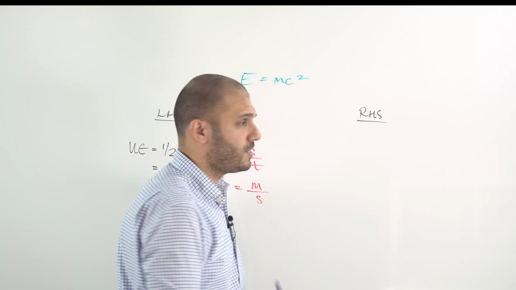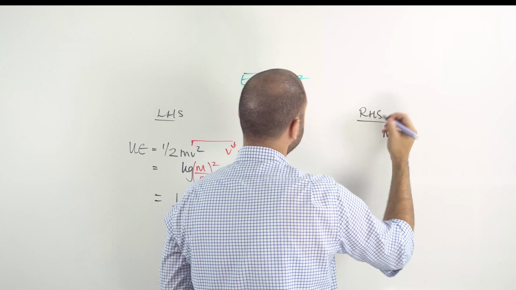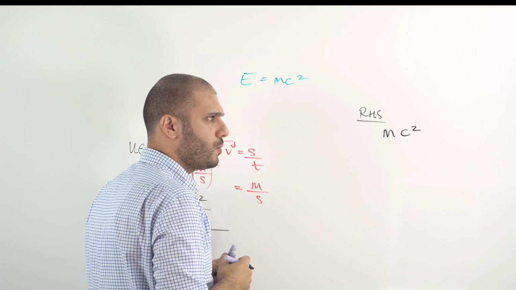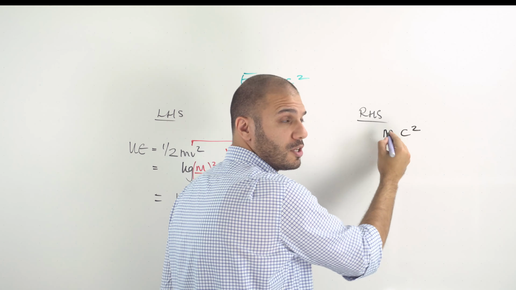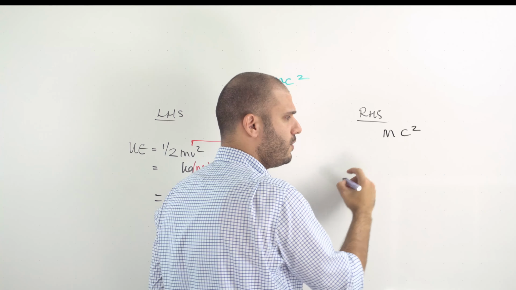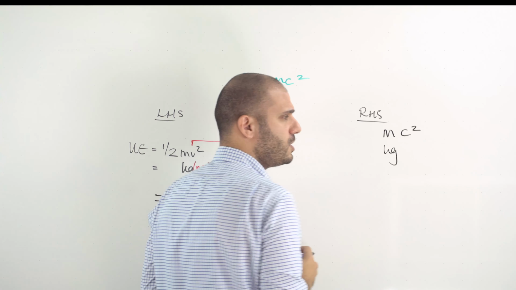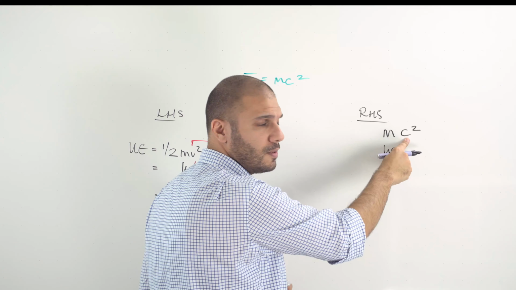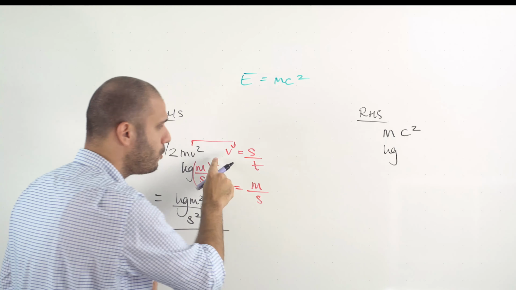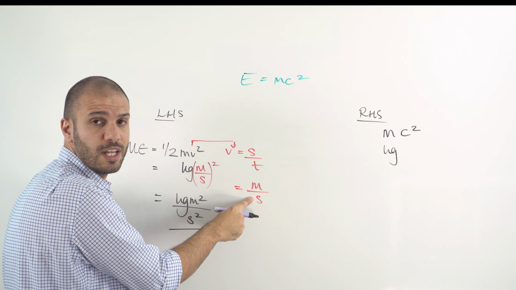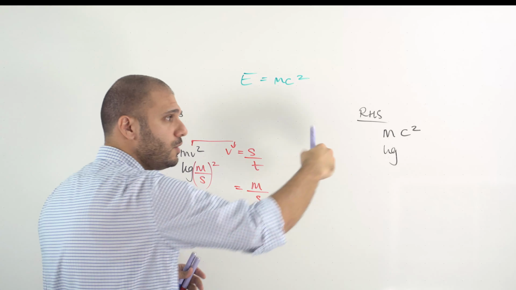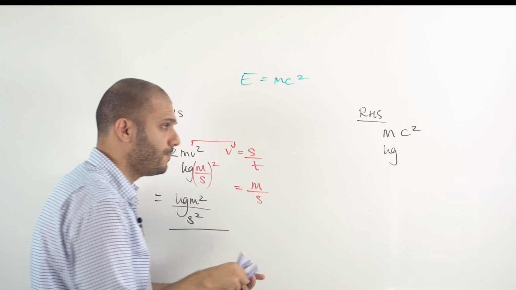Moving on to the right hand side, we've got mass and c squared, which is velocity squared. The units for mass, being a base quantity, we can just write down its base unit, which is kilograms. C, we said, is velocity. And we've already shown that we know how to break down velocity into its base units, so we can simply copy those down there. We don't need to show our working again.